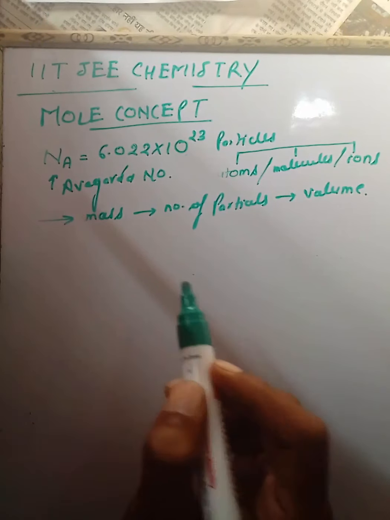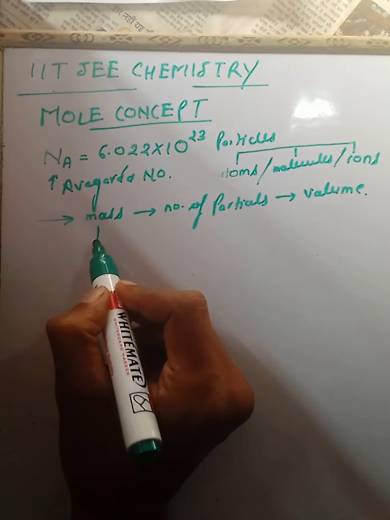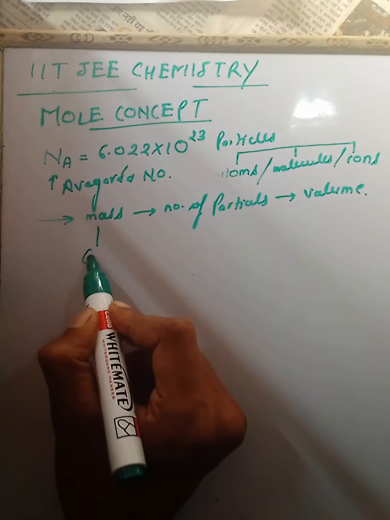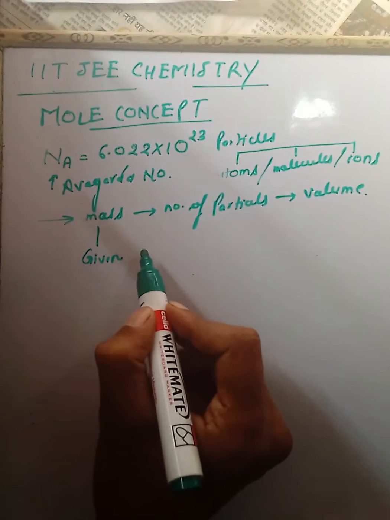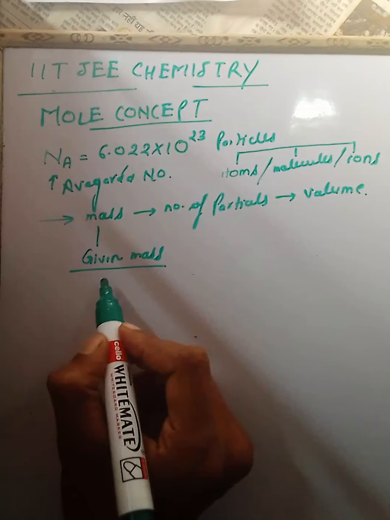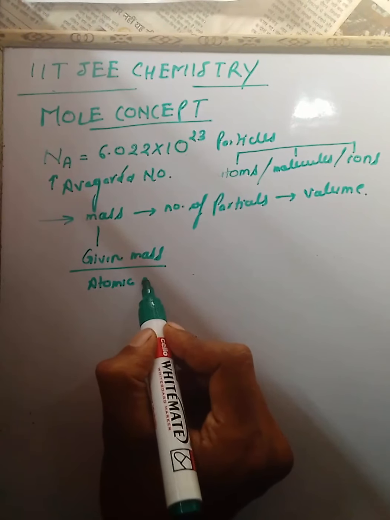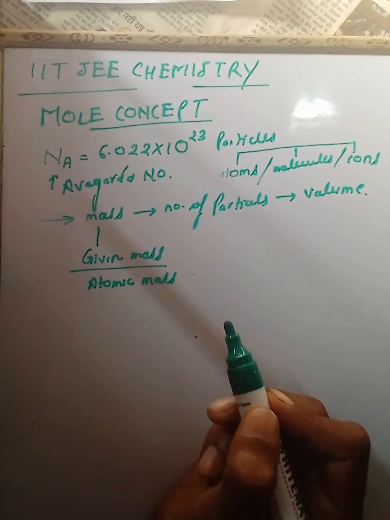So if we want to calculate from the mass, then the formula will be mass upon atomic mass of that element.